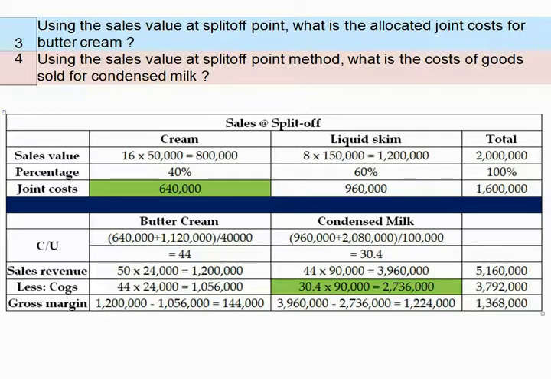Cost per unit for butter cream will equal its allocated joint cost plus its separable cost, 640,000 plus 1,120,000, all divided by 40,000 units, which equals 44.